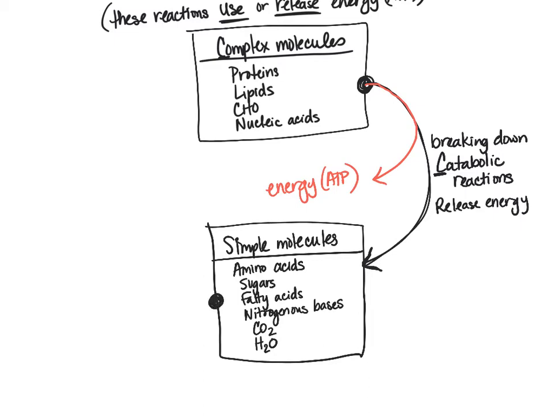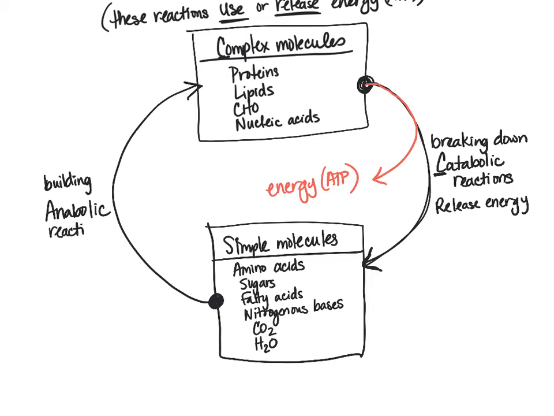So then we get to our simple molecules, but in our body, we take these simple molecules and we also then will be building up to complex molecules. When we do that, we are building instead of breaking down, and these are called anabolic reactions. So anabolic reactions are going to be building from our simple molecules to our complex molecules.